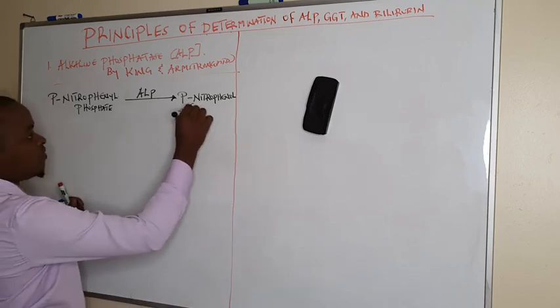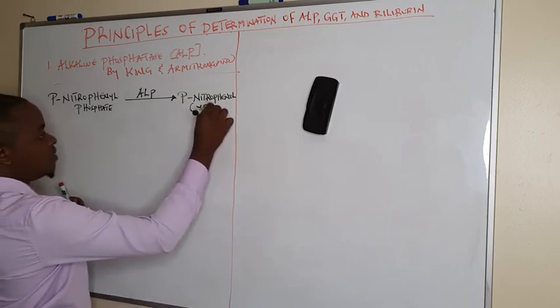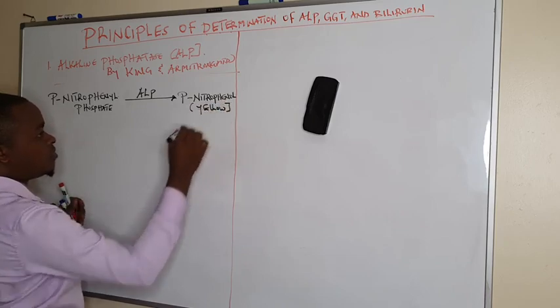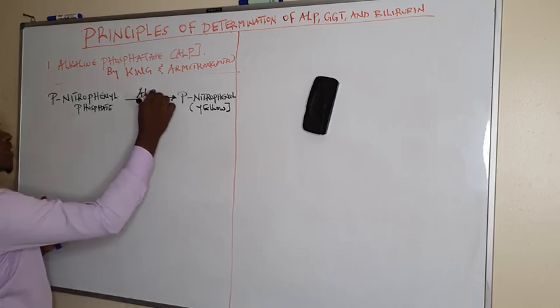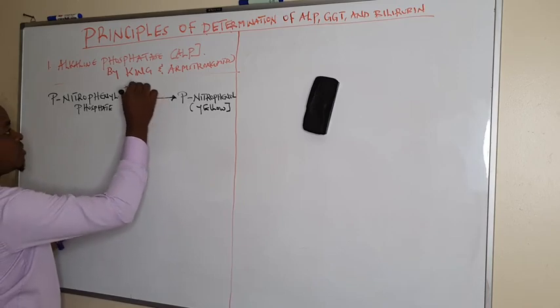And this P nitrophenol formed is yellow in color. It is a yellow colored complex. Then we release the phosphate.